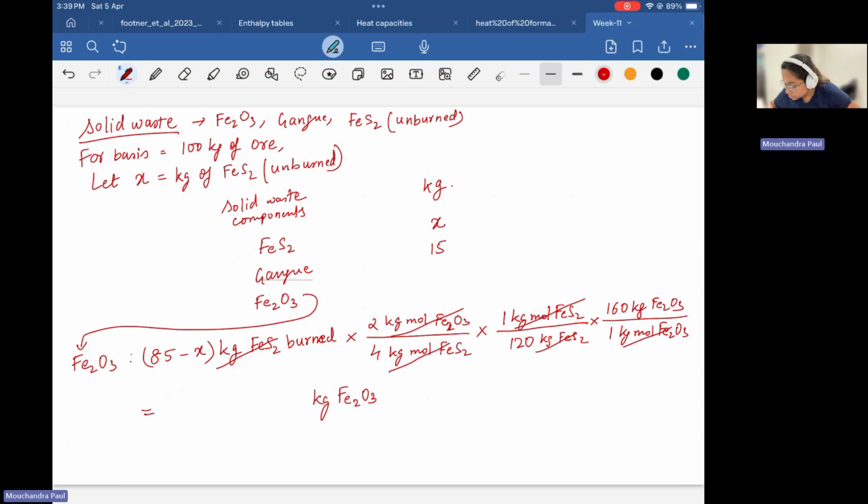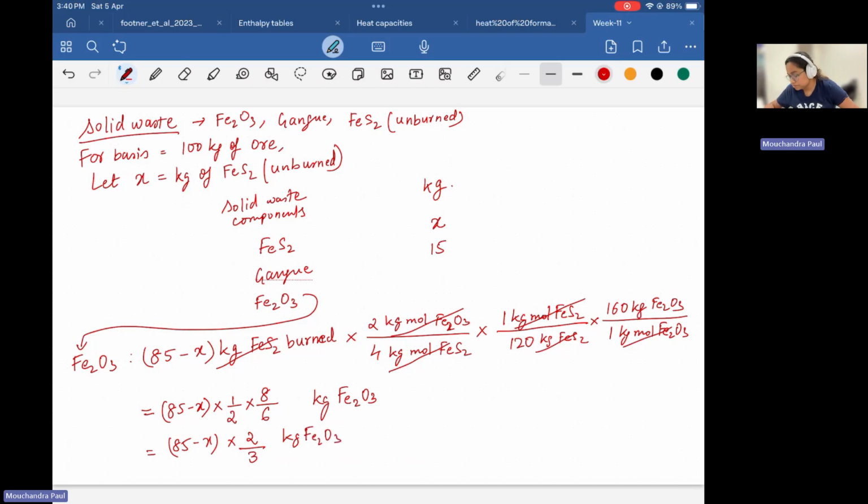Now, there is a variable x, so you cannot fully solve it, but you will get an expression in terms of x. So what will it be? 1 by 2, 80 by 120, or 85 minus x into 2 by 3 kg Fe2O3.